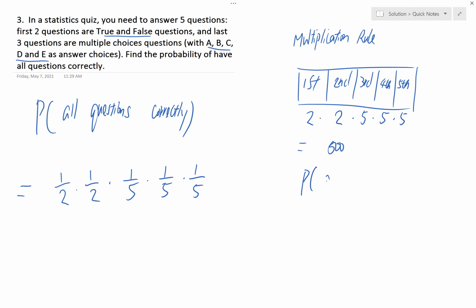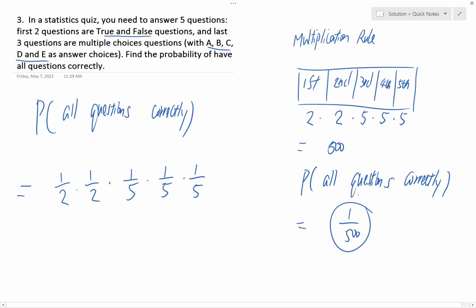So the probability of answering all questions correctly will be 1/500. Okay. That's how you look at it. Another way is to just look at each individual question, find out the probability of getting the correct answer, and multiply across. You also get 1/500.